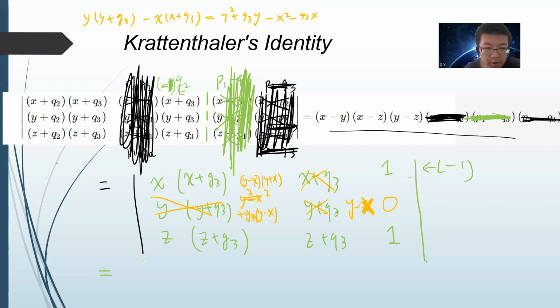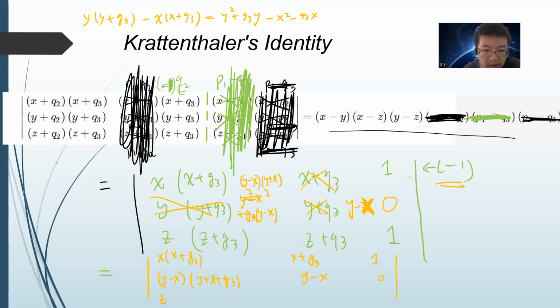So let me write down. I get x plus q3 and x plus q3, 1, 0, y minus x. And then this is y minus x, y plus x plus q3. And then I can do the same thing. I can times -1 on the first row and add it to the second, that's already added to the third.